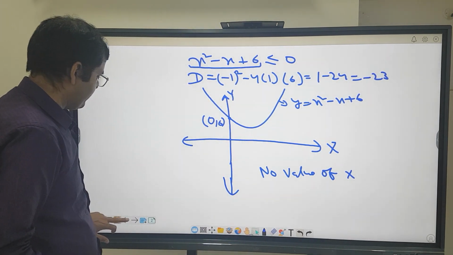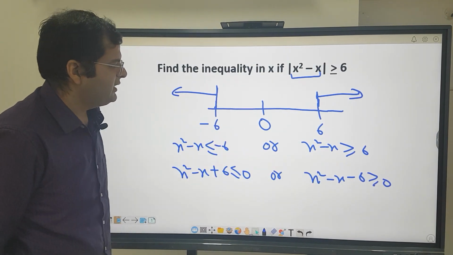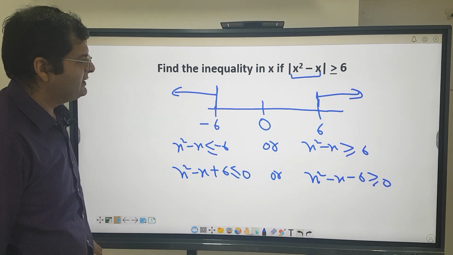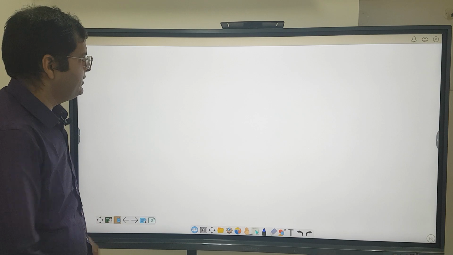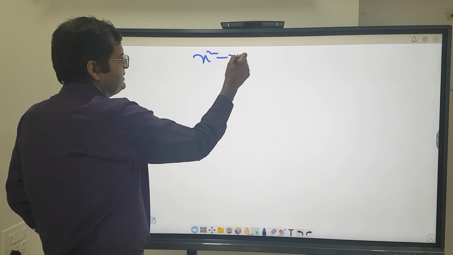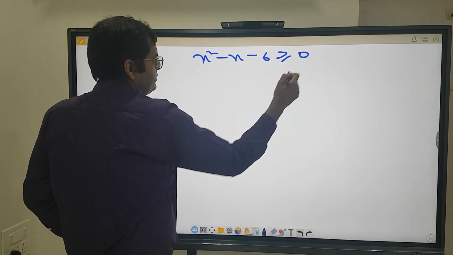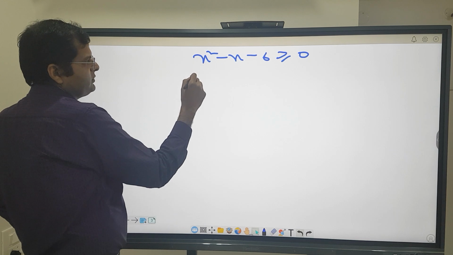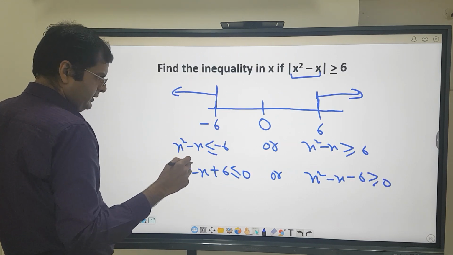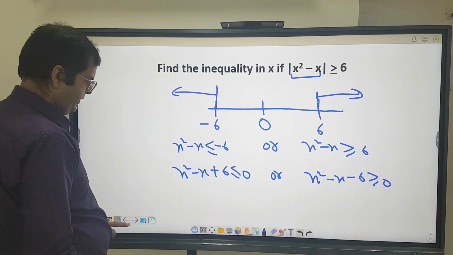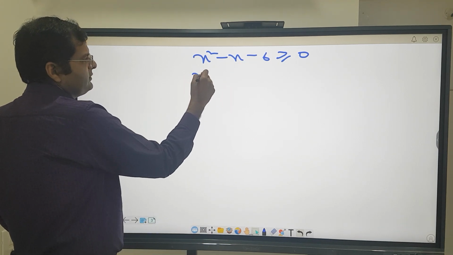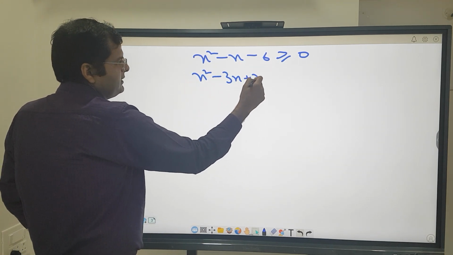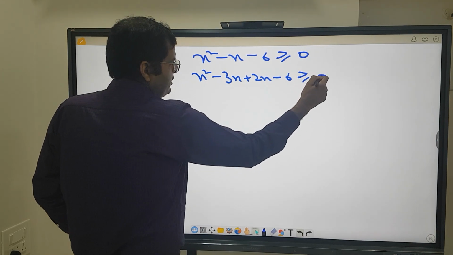Now we are looking at the second quadratic: x square minus x minus 6 is greater than or equal to 0. Here I can factorize this quadratic. So this will be x square minus 3x plus 2x minus 6 is greater than or equal to 0.